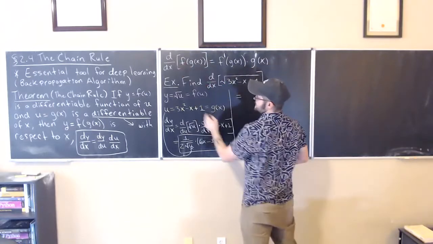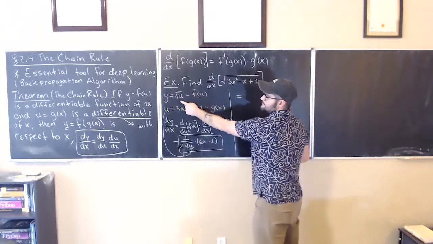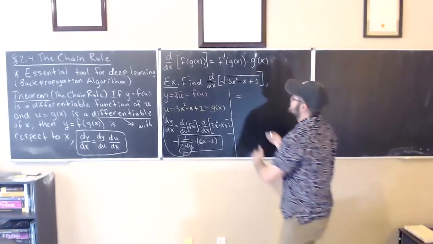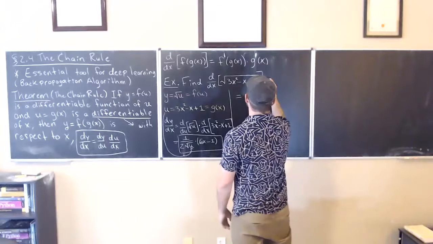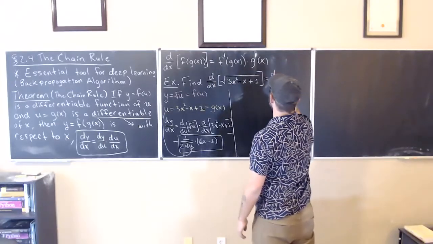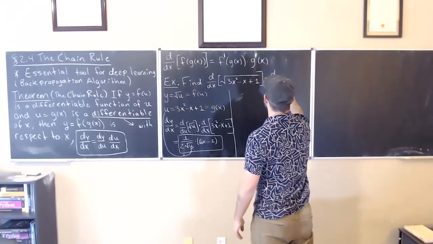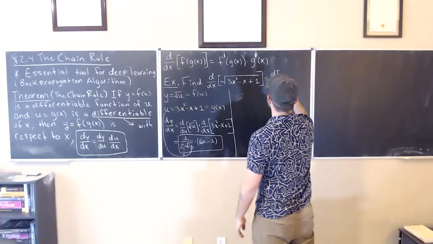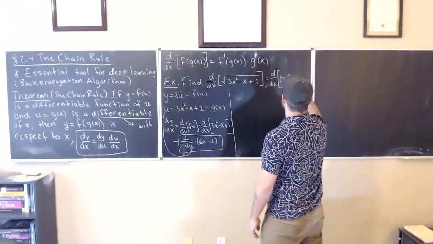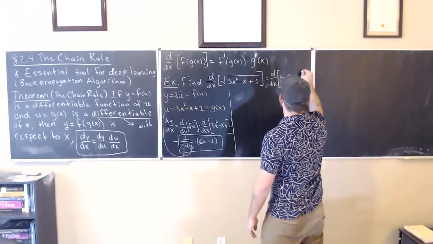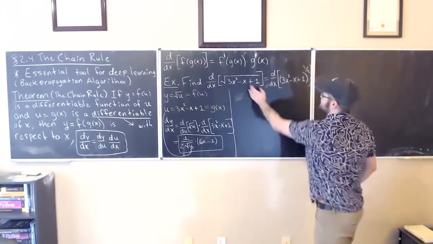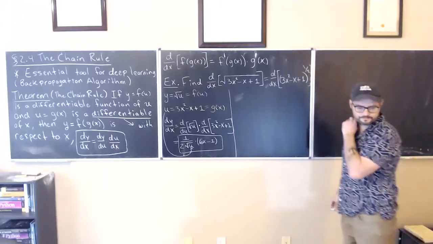The outside function is f, right? What is f? Square root of u, right? So what's the derivative of the outside? Well, I'll just write this out a little bit more detailed. So this is like saying 3x squared minus x plus 1 all to the power 1/2, right? This is the same thing, right?